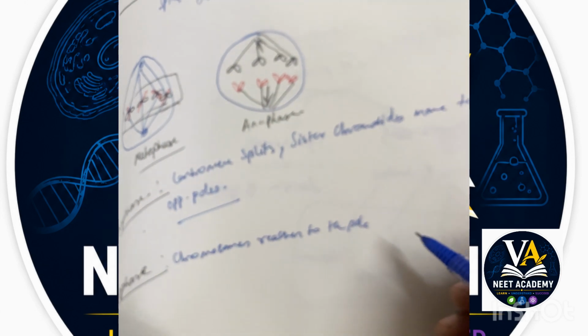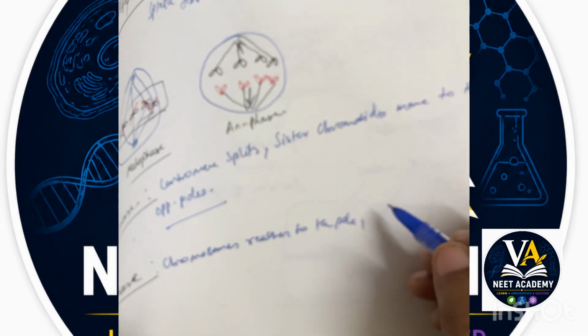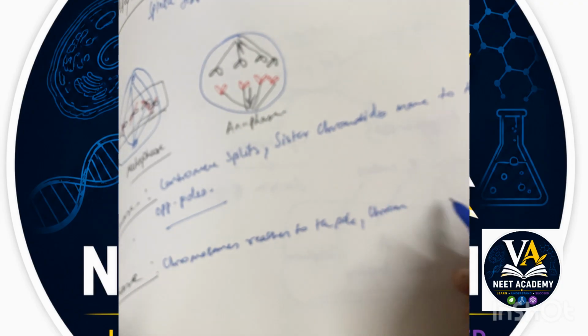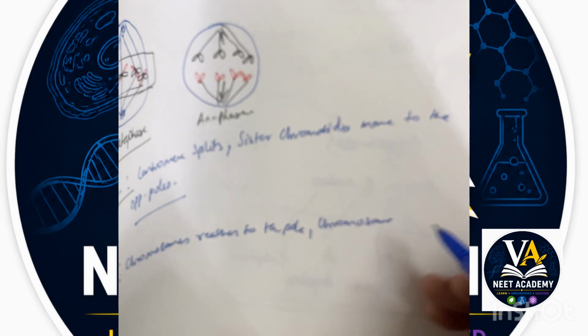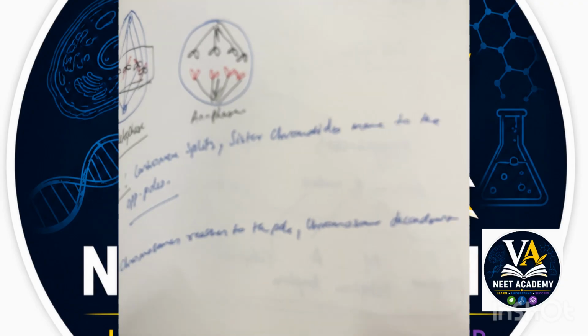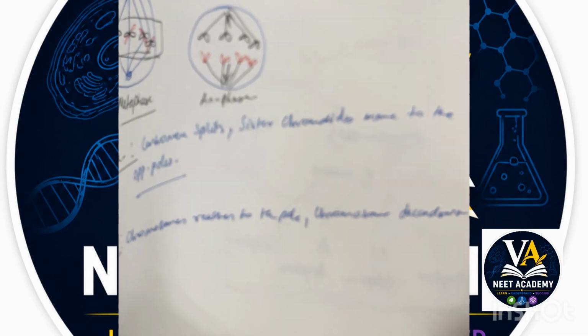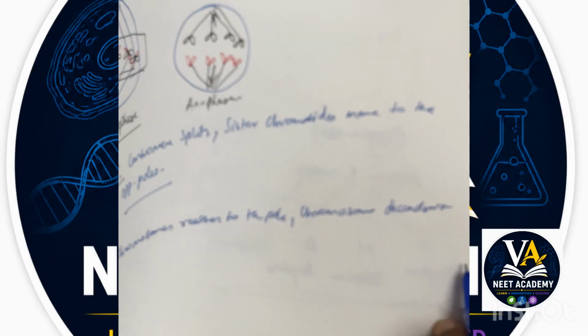Then the chromatids, or else you can say chromosomes, decondense. So it will be looking like an interphase chromosome, thread-like structure will reappear.